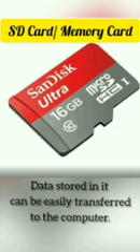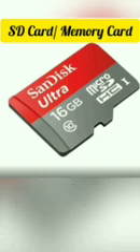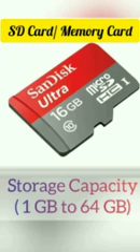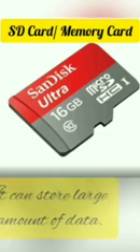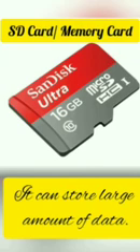This is normally done by inserting it into the memory card reader and connecting that reader through USB cable. Its storage capacity varies from 1 GB to 64 GB. Means it can store that much of data on it.